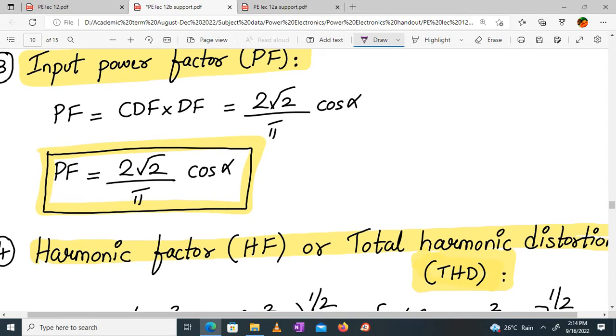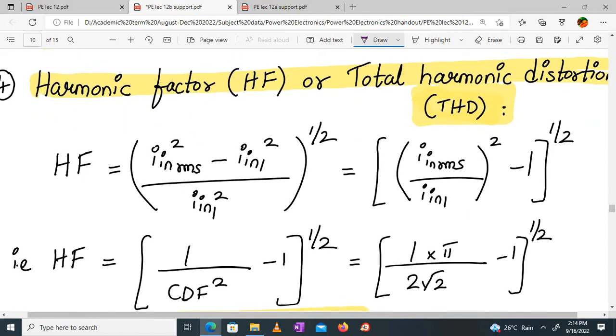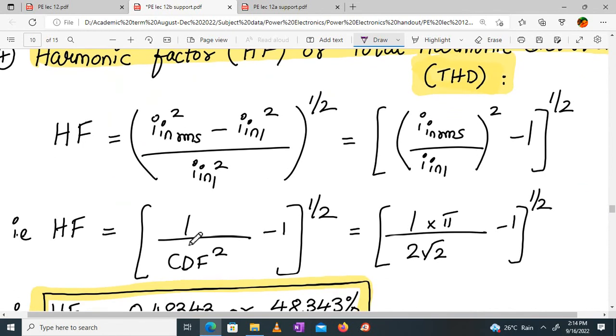Now next, harmonic factor or HF or total harmonic distortion. Don't write anything yet. I will tell you what to write. So originally the formula is like this: I in RMS. What is I in RMS? RMS value of the total input current. What is I in 1? Fundamental component, right?